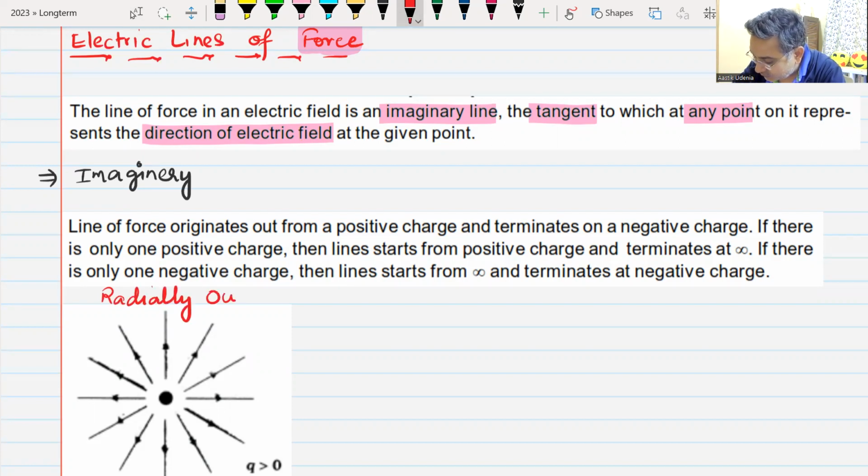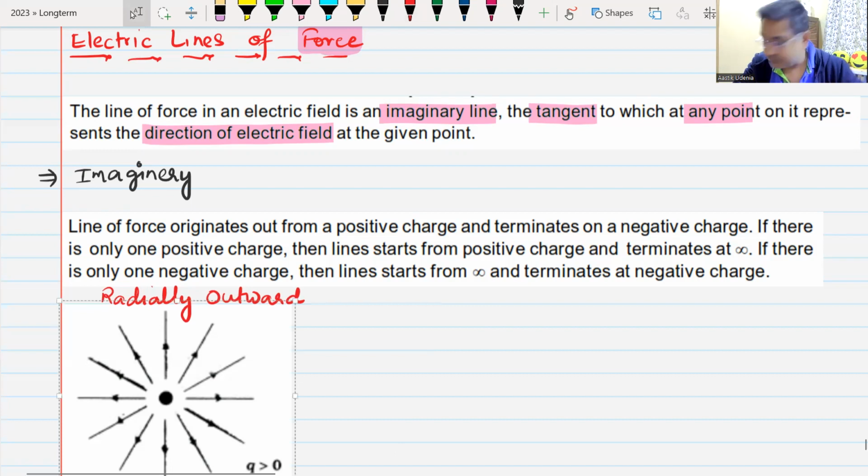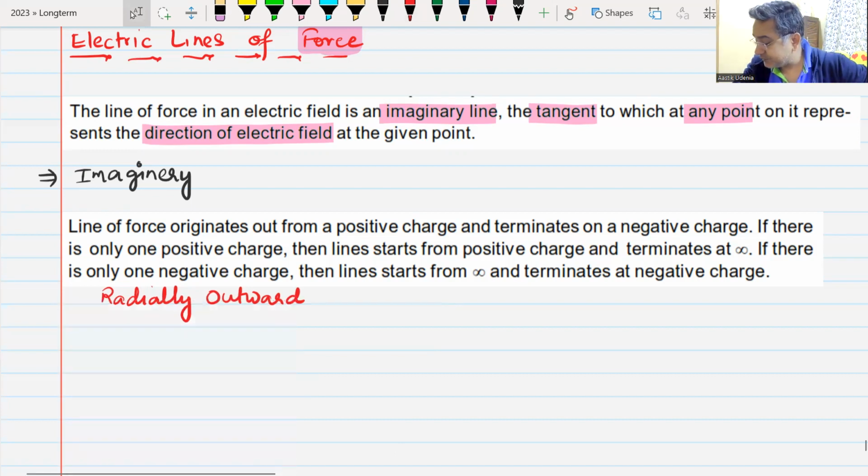Do we understand the meaning of the word radially outward? Yes or no? Okay, let me just take this one off and probably I'll show you a different diagram.